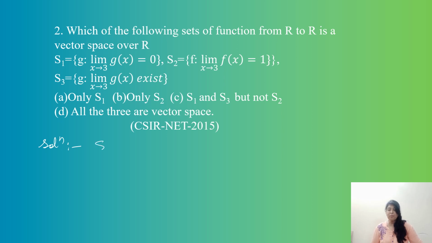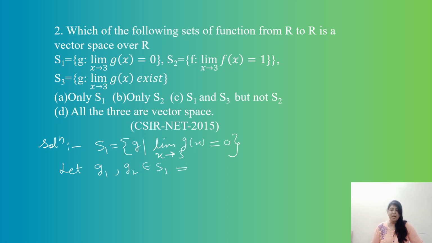S1 is the set of g such that the limit of g(x) as x approaches 3 is equal to 0. So let g1 and g2 belong to S1.